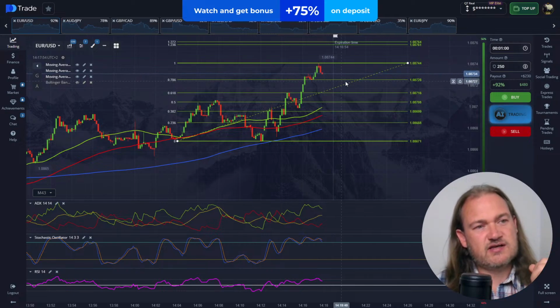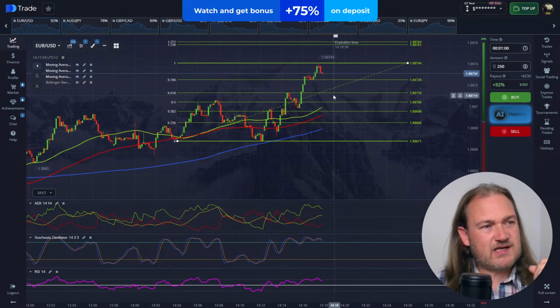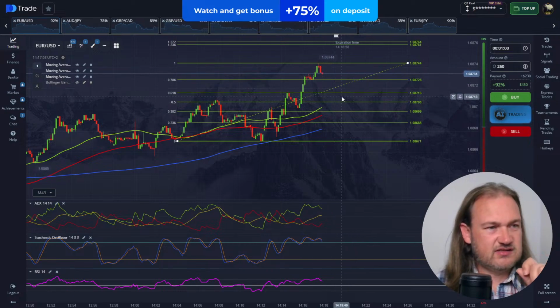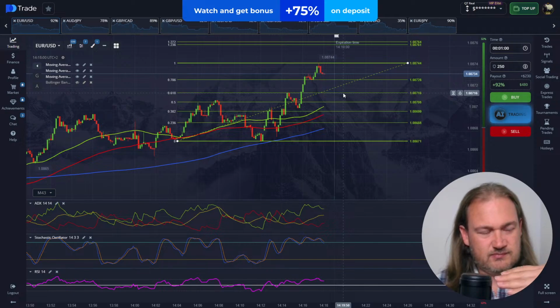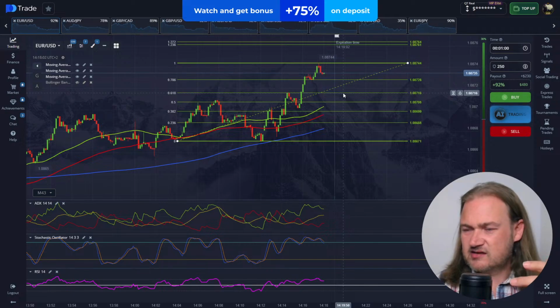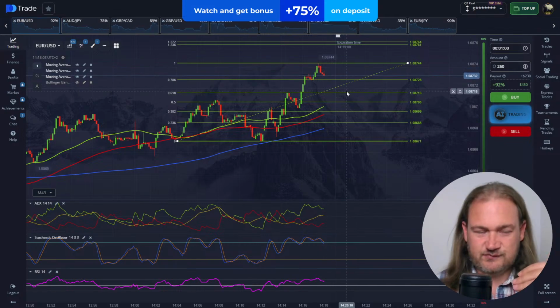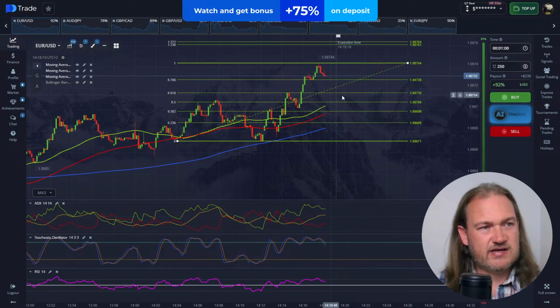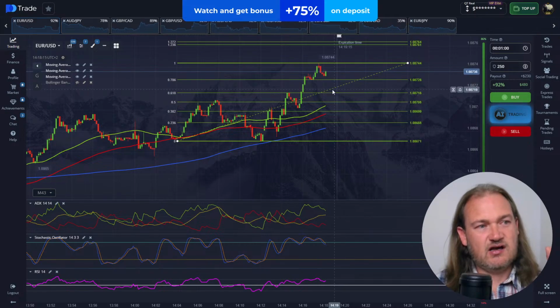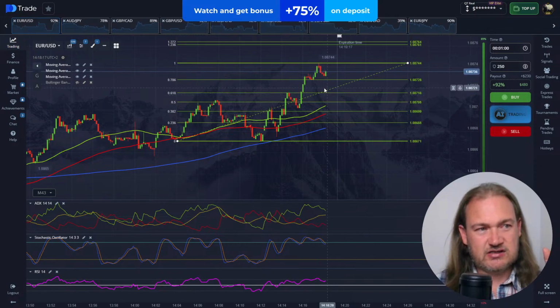it will tell me, especially the 618 line. The 618 line tends to get hit quite a lot. So I know if price does come down now, I need to be alert, especially in the 618 area.